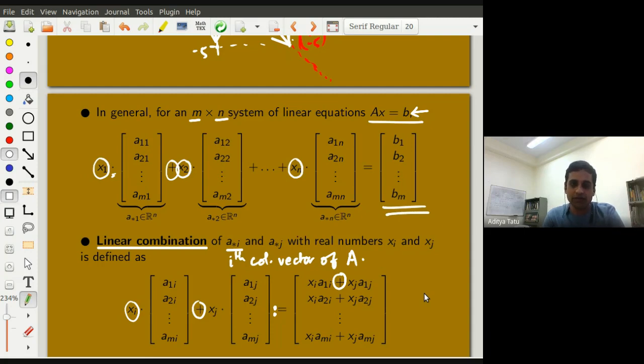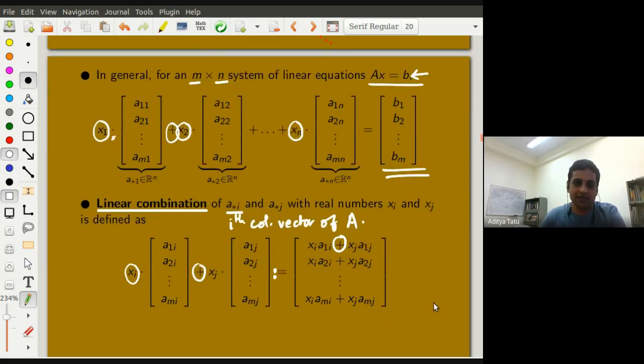And what I am doing on the left hand side is nothing but a linear combination of these n column vectors. I've defined linear combination of two vectors. Using this definition, you can define linear combination of n column vectors also, right?